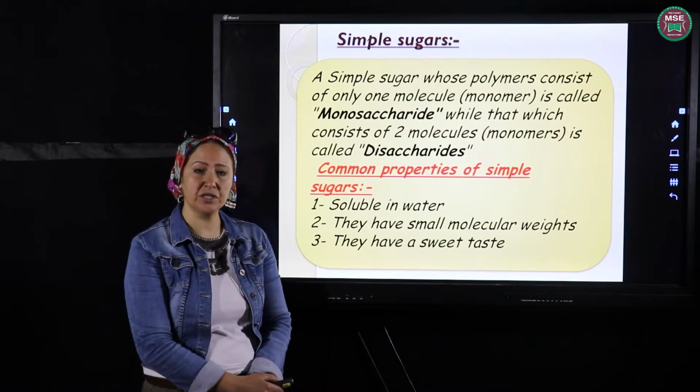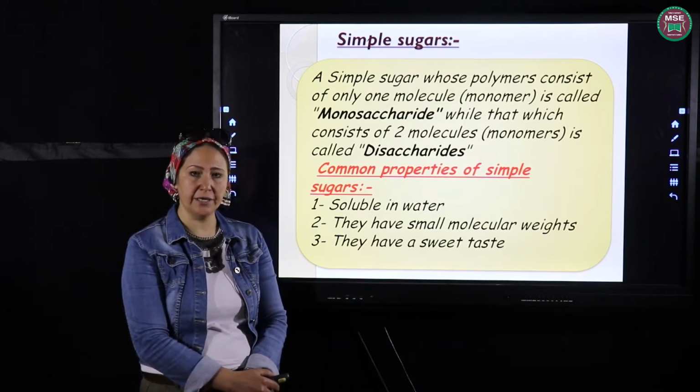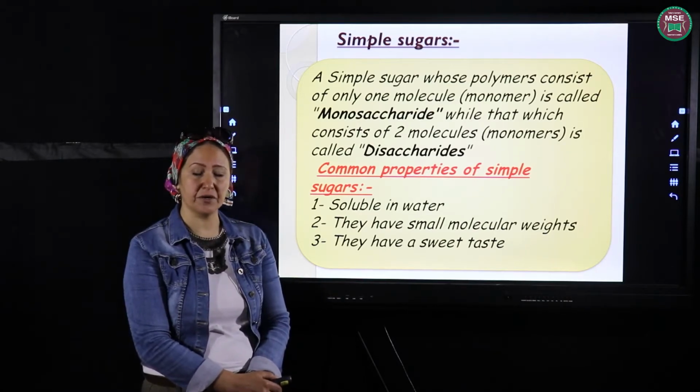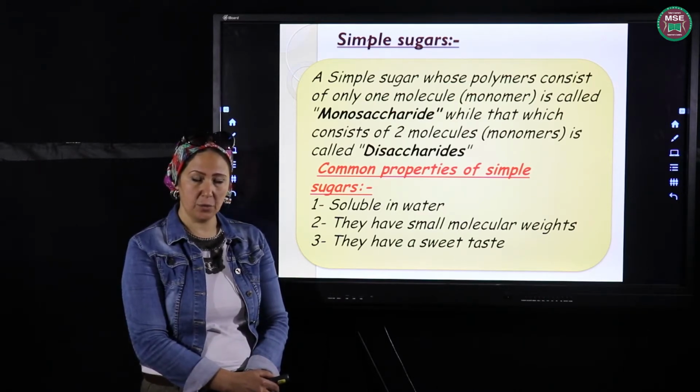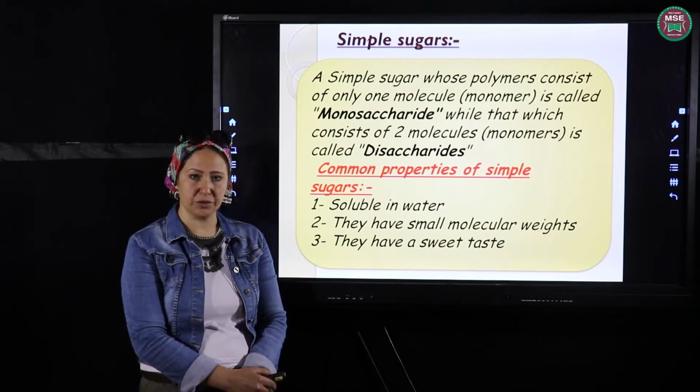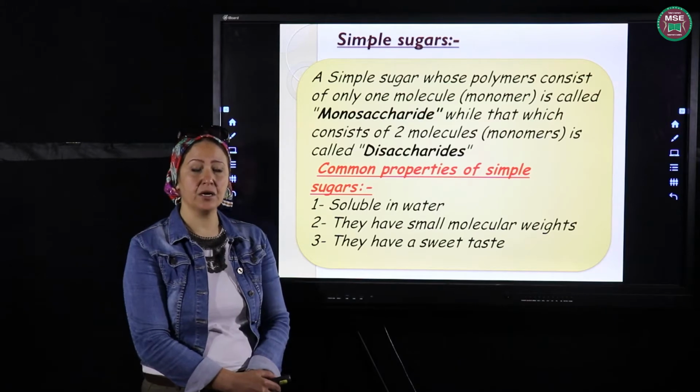So the sugar that consists of only one monomer inside, we call monosaccharides. And the sugar whose polymer consists of two monomers joined together, we call disaccharides. Okay? Monosaccharides and disaccharides are under the simple sugar. So the simple sugar includes monosaccharides and disaccharides.